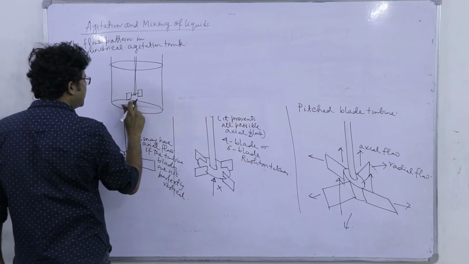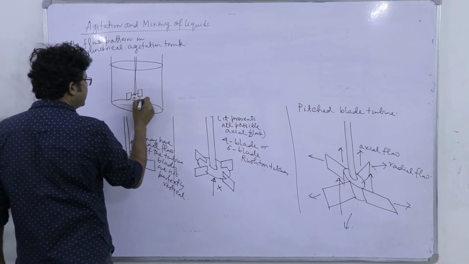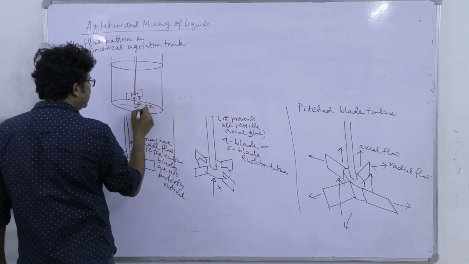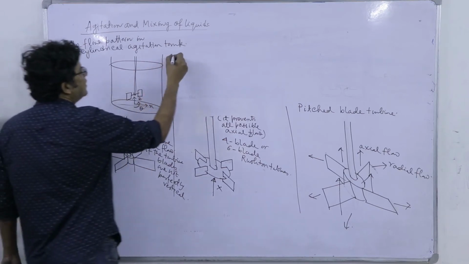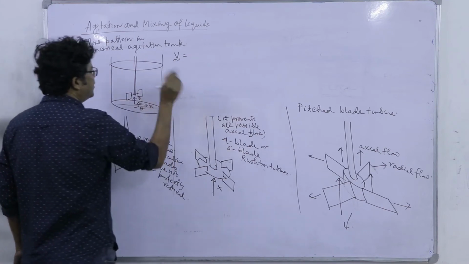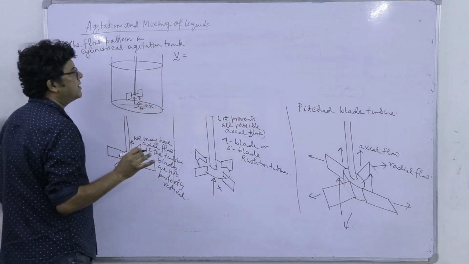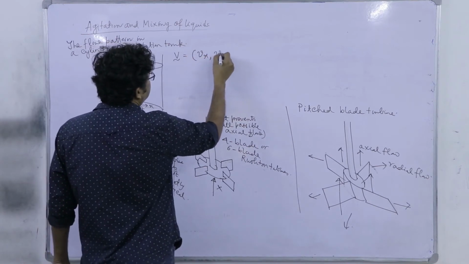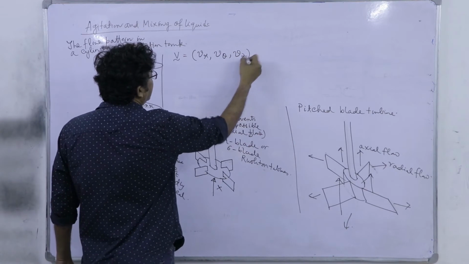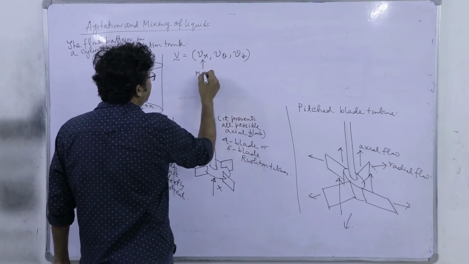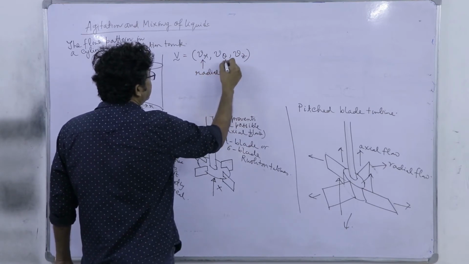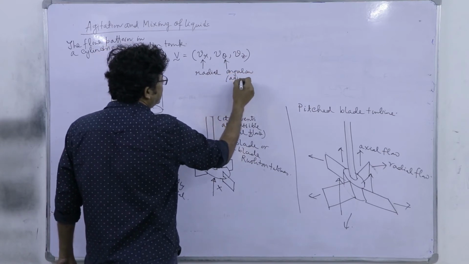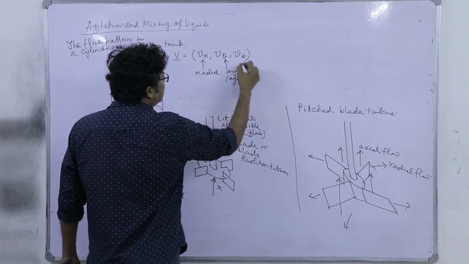If I fix our coordinate system here, this is the z direction, this is the r direction, and this is the theta direction. So the velocity field being produced, whatever the type of impeller, will have three components: radial, azimuthal and axial. So this is radial, this is angular or azimuthal, and this is axial.